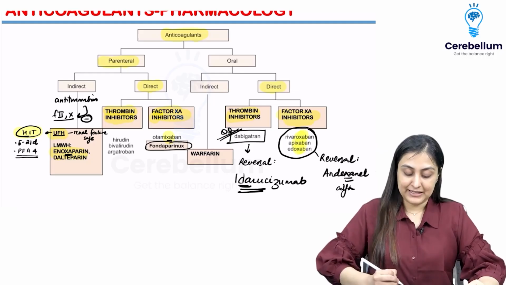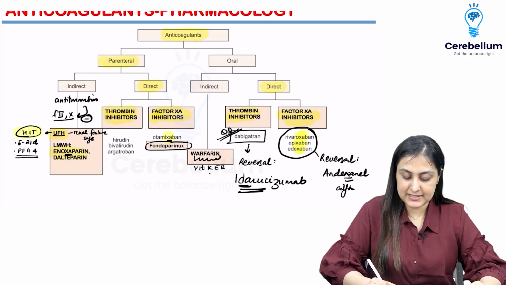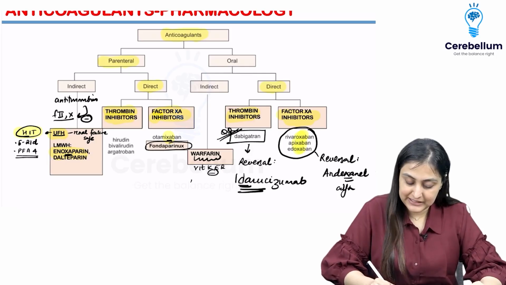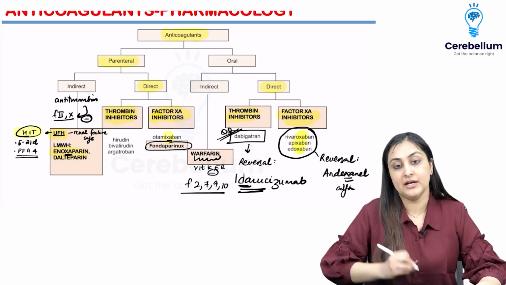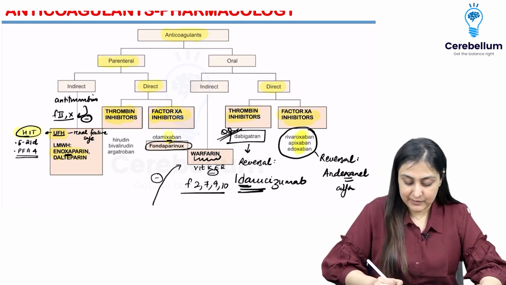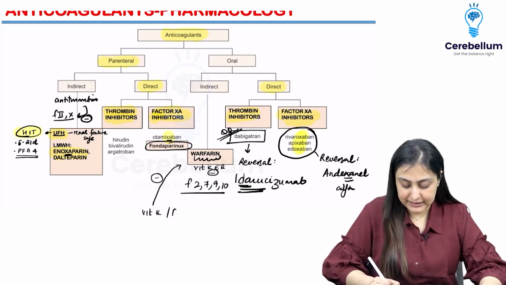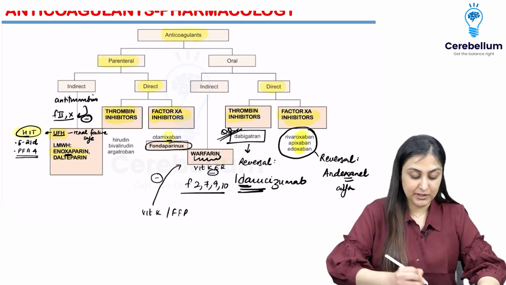We are left with one thing, which is warfarin, the oral drug that binds to and inhibits vitamin K epoxide reductase, so that all vitamin K activated factors, that is 2, 7, 9, 10, are inhibited. What is the antidote for warfarin? There is no such specific antidote, but we can give vitamin K, and we can give FFP, which is a replacement of all coagulation factors. What about heparin?